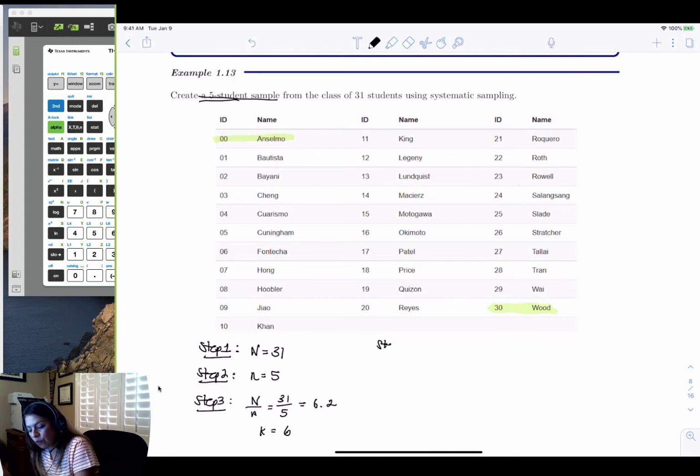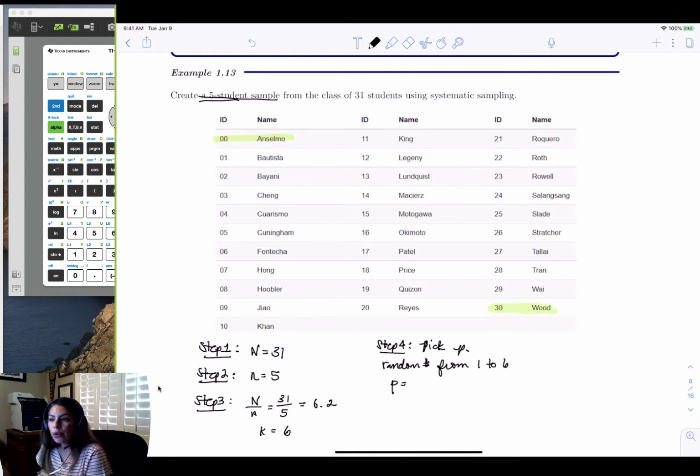So in step 4, you'll pick p. You're going to pick a random number from 1 to 6. So what is that p? Go ahead, I'll give you a minute. Pick your favorite number. Okay, let's pick 4.